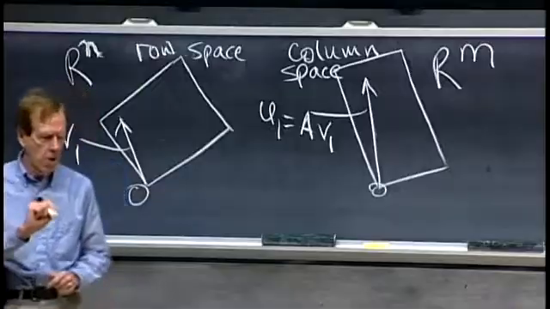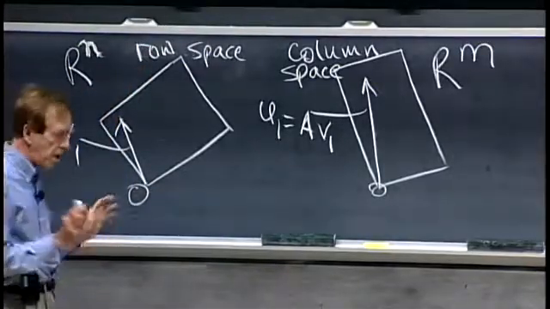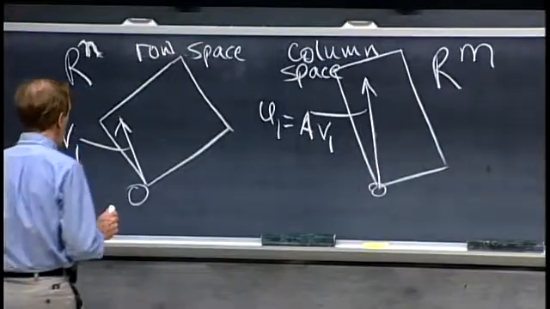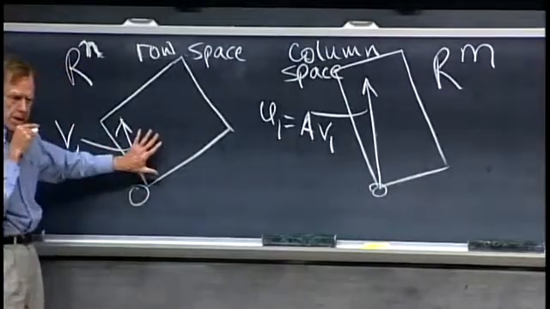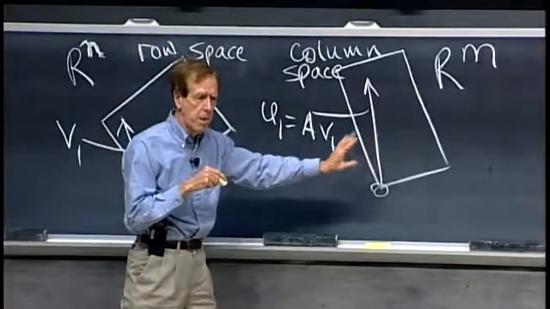What am I looking for? In this SVD, this singular value decomposition, what I'm looking for is an orthogonal basis here that gets knocked over into an orthogonal basis over there.